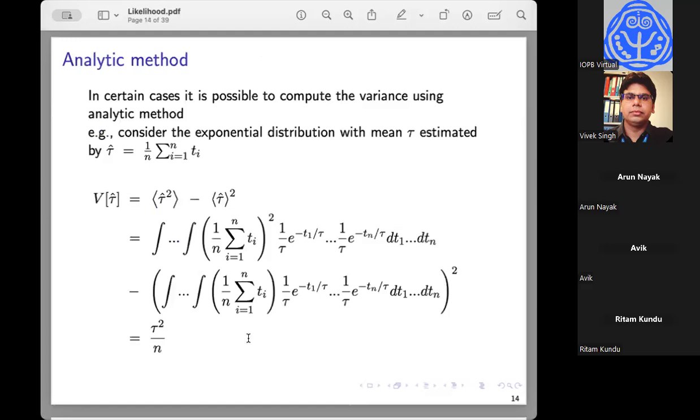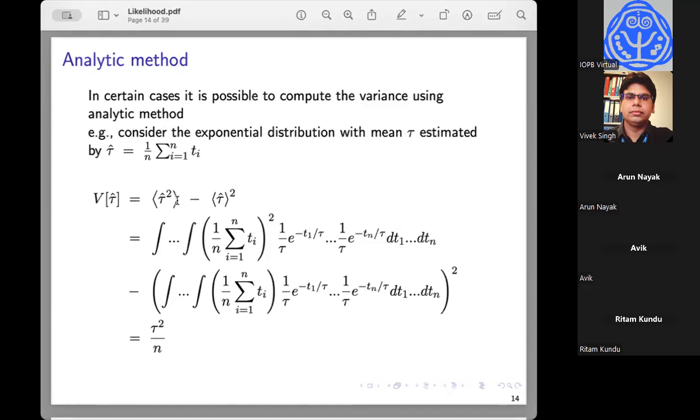Now let's first discuss the analytic method. In certain cases, you can compute the variance using an analytic expression. So for example, when we have an exponential distribution with mean lifetime tau, which is estimated as a sample mean, you can calculate this variance analytically.